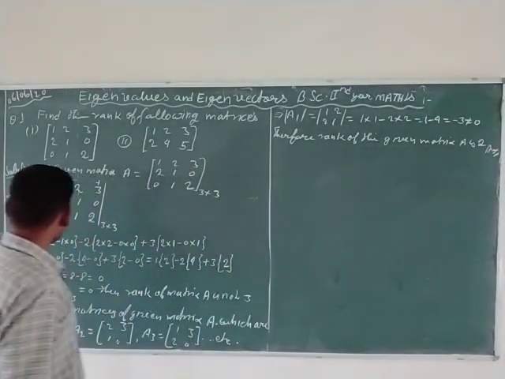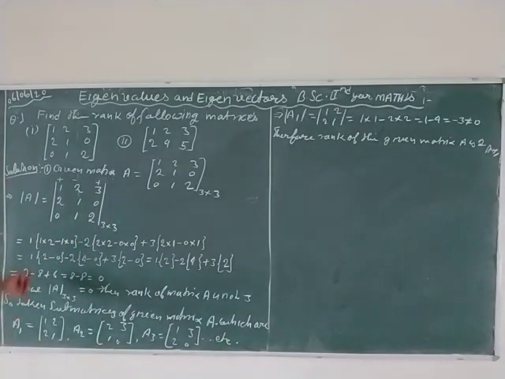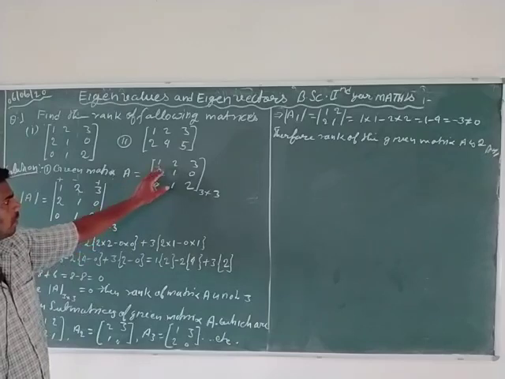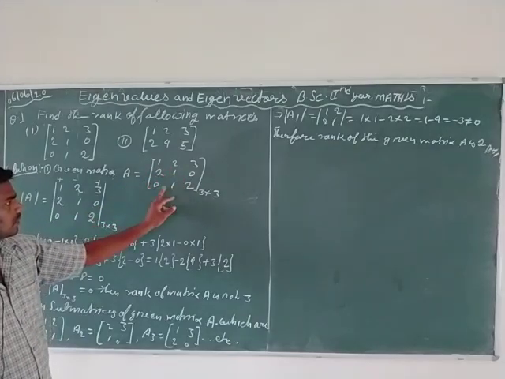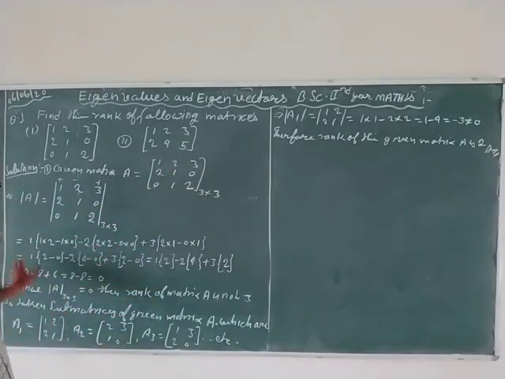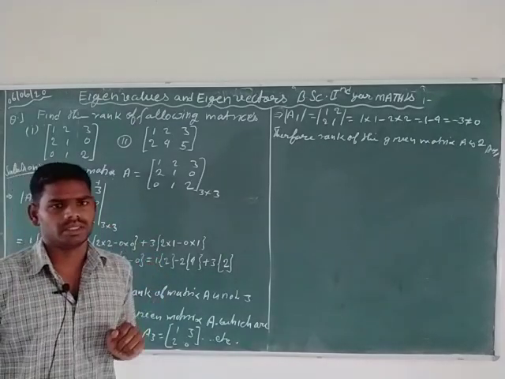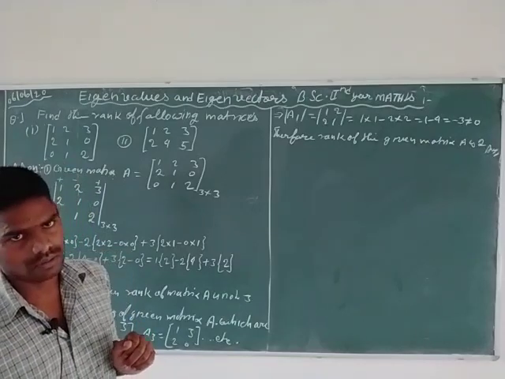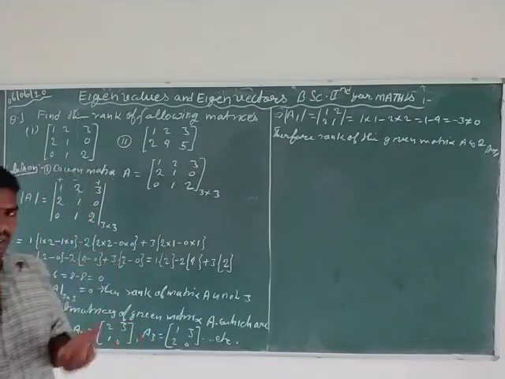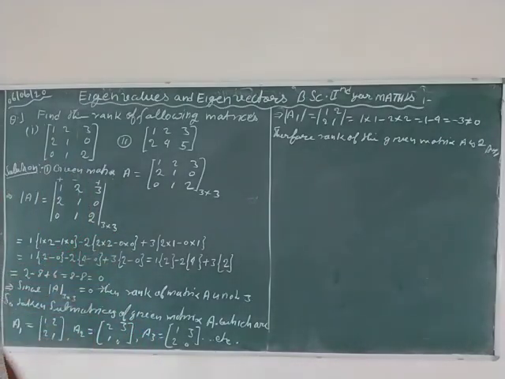So in this question, first a matrix capital A is given: 1 2 3, 2 1 0, 0 1 2. First calculate its determinant. Here the determinant of A is equal to 0. Therefore it is clear that the rank of the given matrix capital A is not equal to 3, where 3 is the 3 by 3 order of the given matrix.